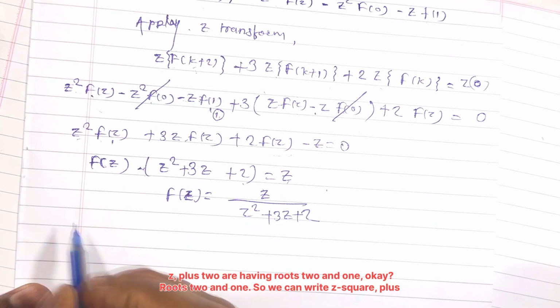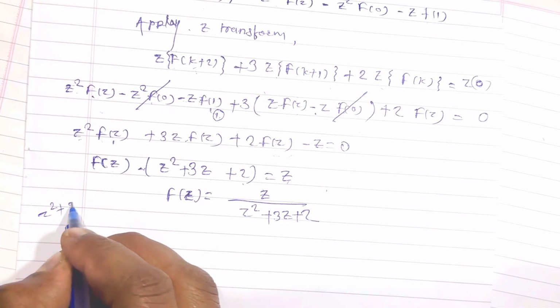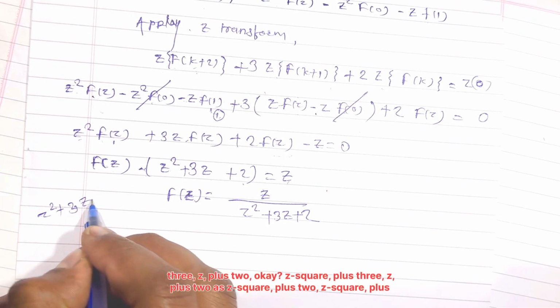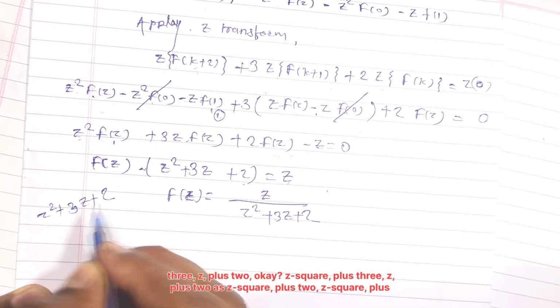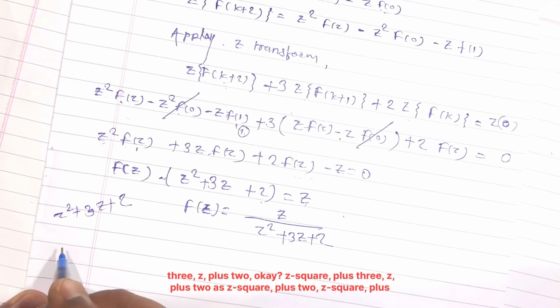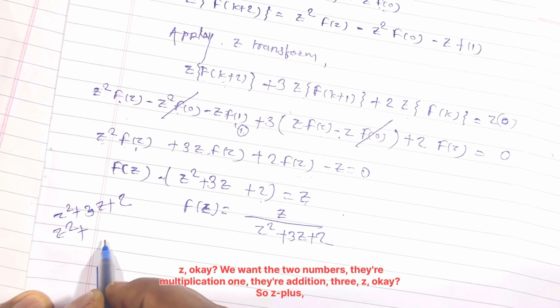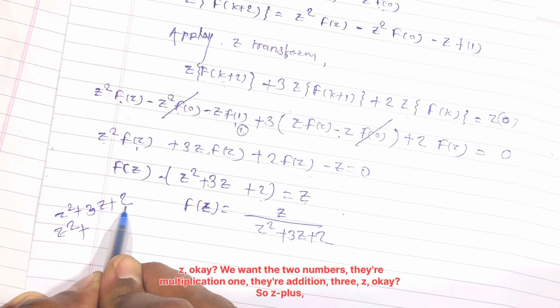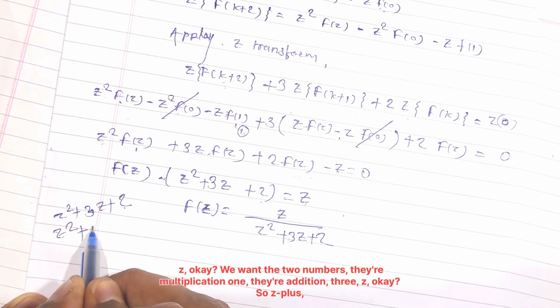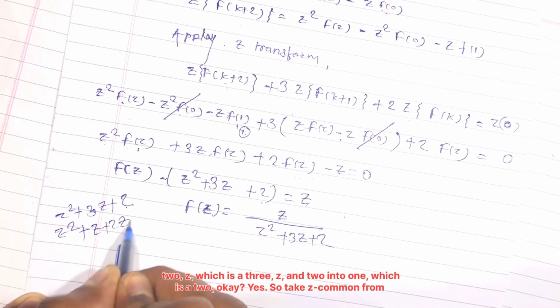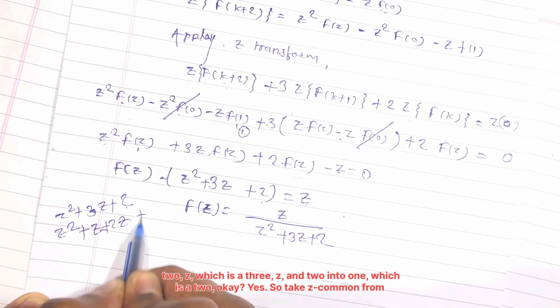So we can write Z square plus 3Z plus 2 as Z square plus 2Z plus Z. We want two numbers whose multiplication is 2 and addition is 3Z. So Z plus 2Z, which is 3Z, and 2 into 1, which is 2.